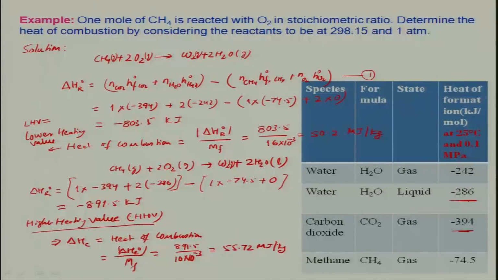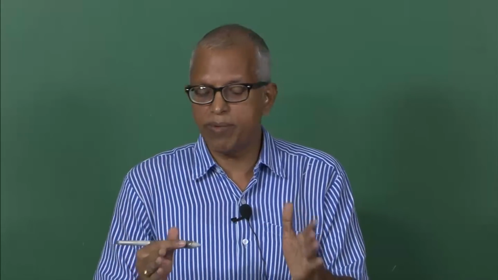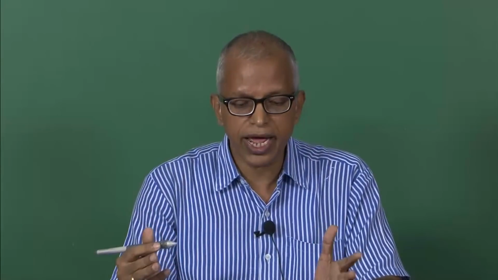If you look at it, there is an increase in energy, therefore it is known as the higher heating value. So we have now learned how to calculate the heat of combustion and the heat of reaction, using the heat of formations. This is one method of calculating the heat of reaction.